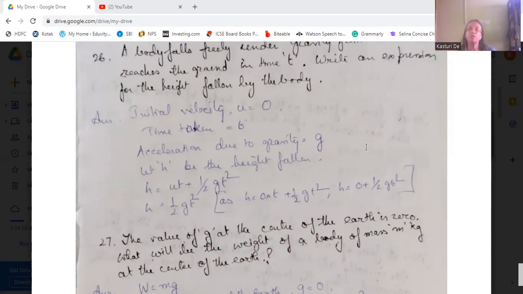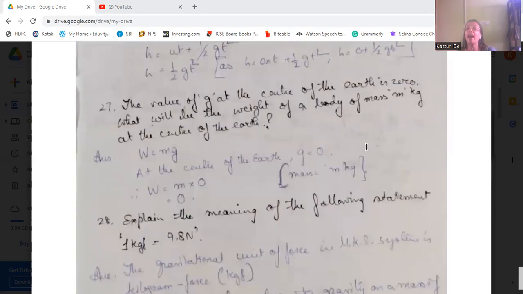Next, the value of g at the center of the earth is 0. So what will be the weight of a body of mass m kg at the center of the earth? We know the value of g at the center of the earth will be 0.